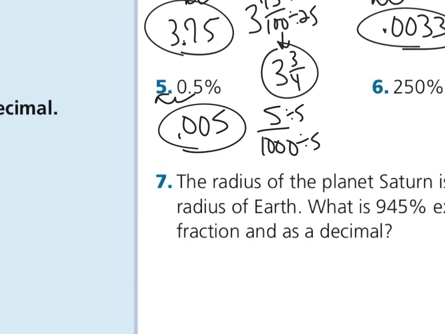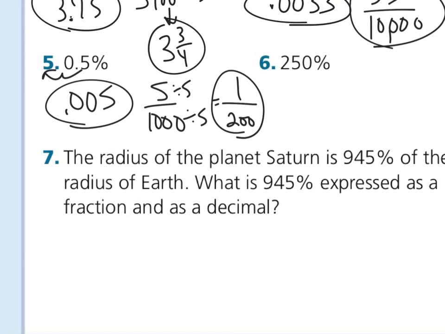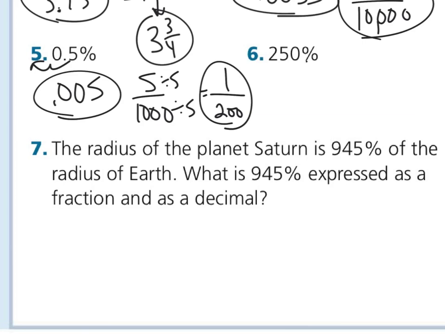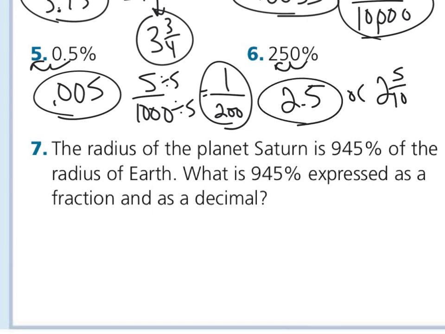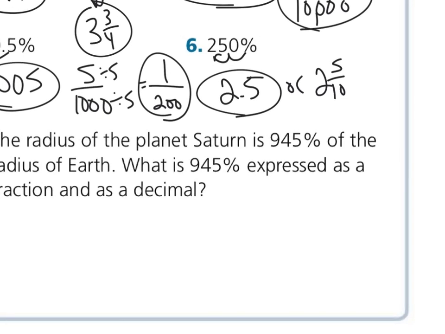And if you reduce both of those by 5, that's 1/200. Number 6, you could just say is 2 5/10ths. If you want to put a 0 after it, you can. And then we can reduce that to 2.5.